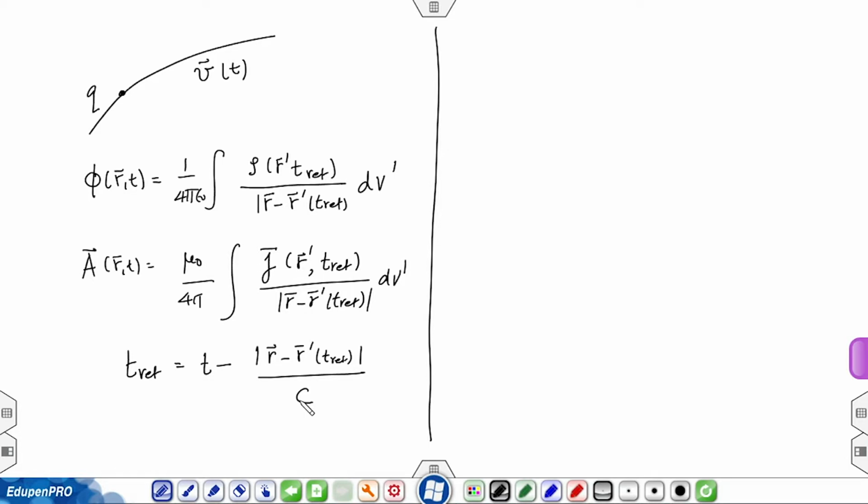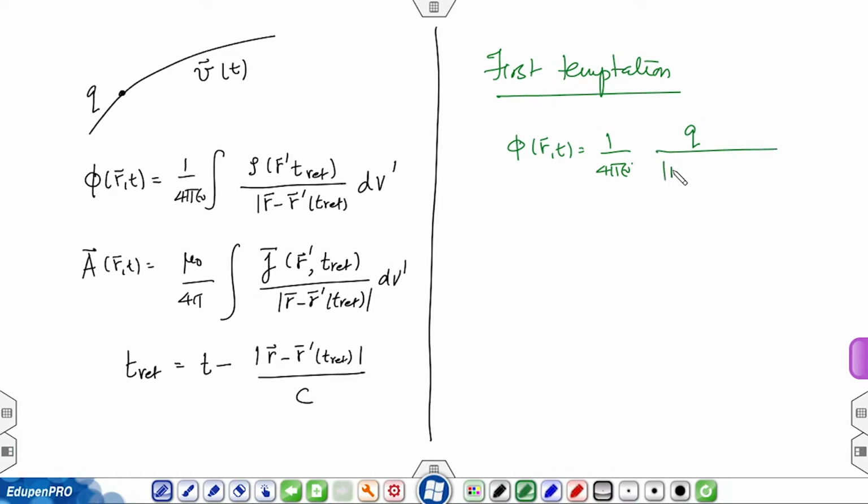And in the problems that we have solved so far, we could expand r prime in terms of t retarded and then keep only some important orders. However, that will be difficult here to do. So, first temptation of writing the solution would be that phi r t is equal to 1 over 4 pi epsilon 0 q divided by modulus r minus r prime t retarded.